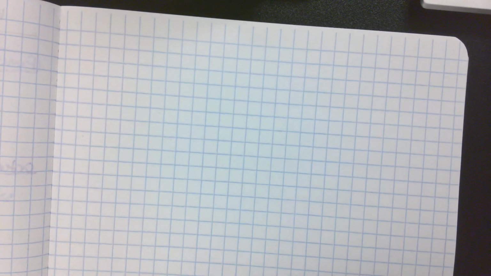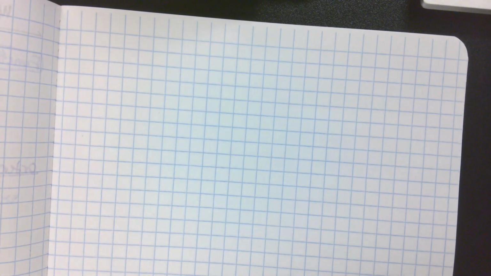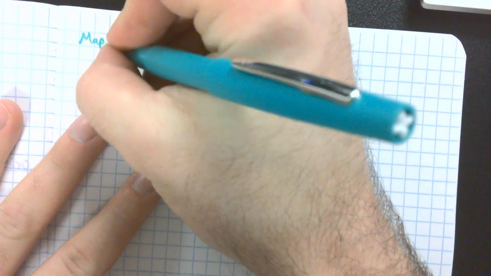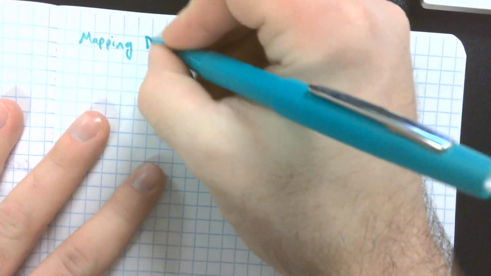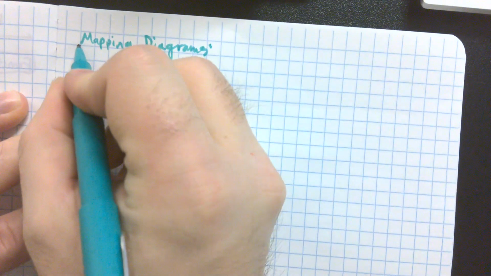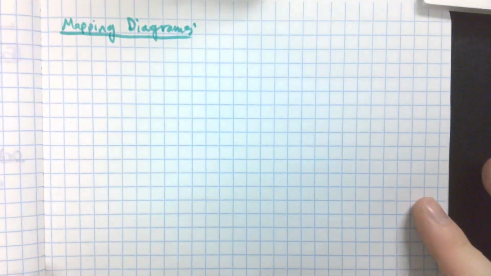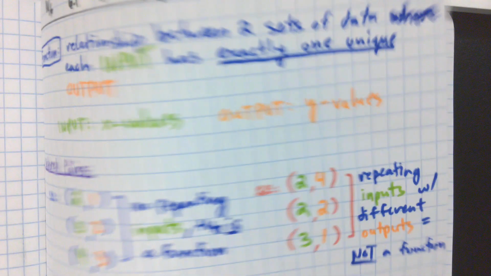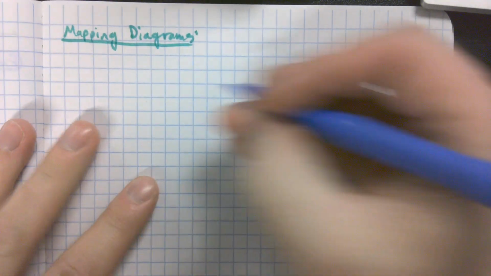Last thing we're going to talk about here is mapping diagrams. Mapping diagrams are kind of like a table. If we were to look at one, it would look something like this.